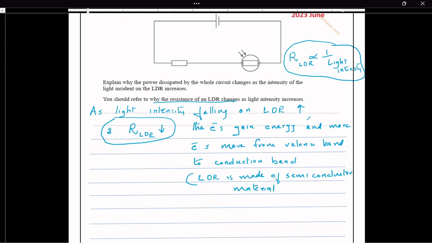So here we see that as light intensity increases, electrons gain more energy and more electrons move from the valence band to the conduction band and become free.